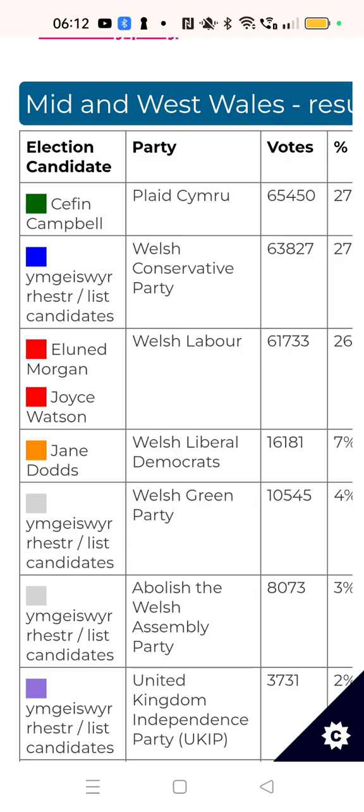Wearing the Labour jacket, this is an analogy, this is an example, makes you popular. So what Starmer is saying to those MPs is that if you don't vote my way, then you will never wear that red jacket again, and you won't get the popular vote. And next election you're gone. That's what he's saying.